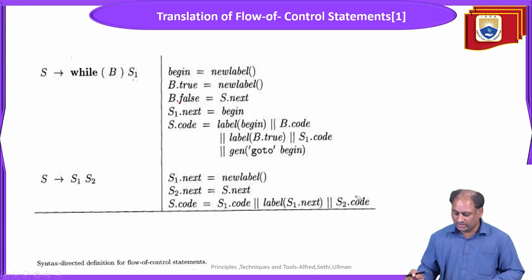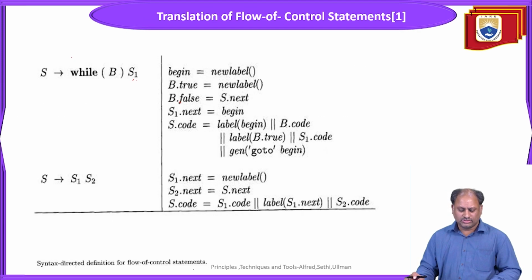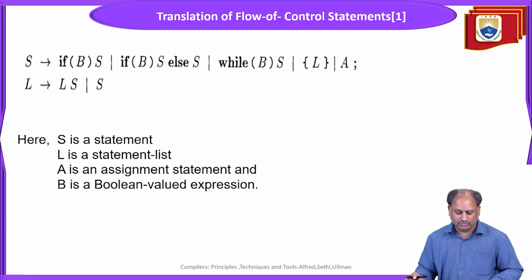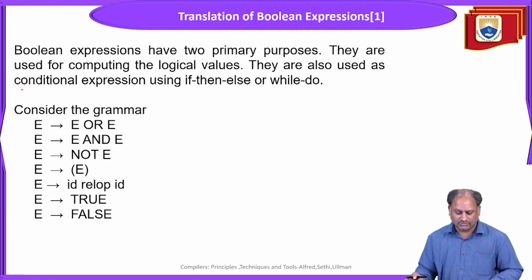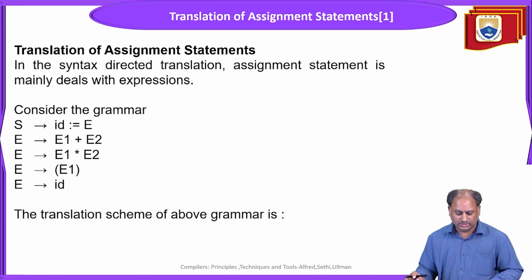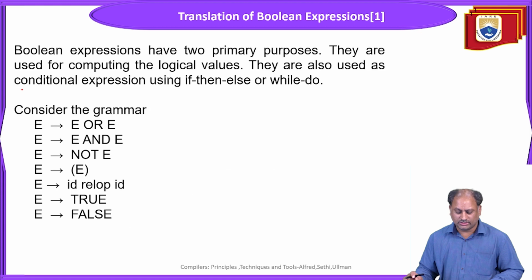So this is a very easy and quick manner we can assign. Like this we have seen various examples of the translations of Boolean expressions. For the assignment statement, we took the production rules and converted them into semantic actions, that is plus, minus, star assignment statements.